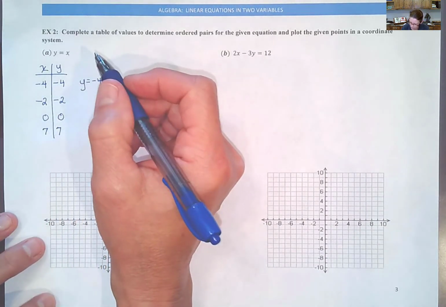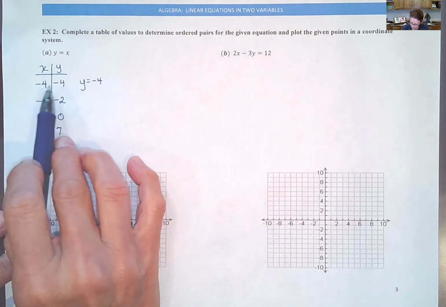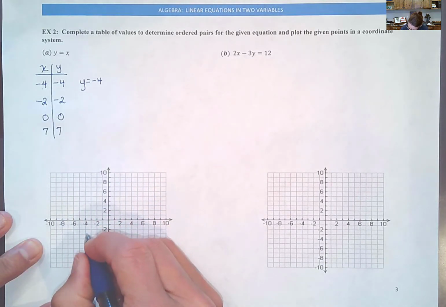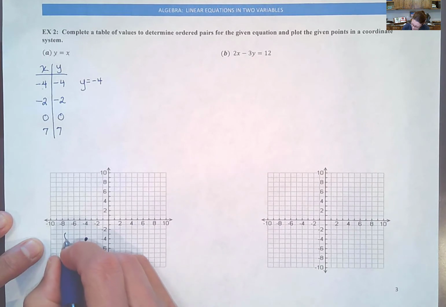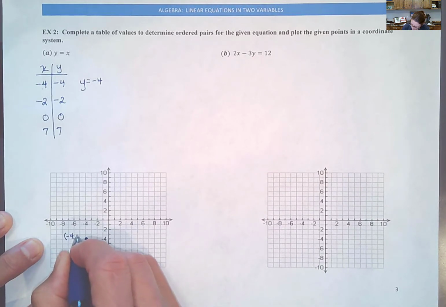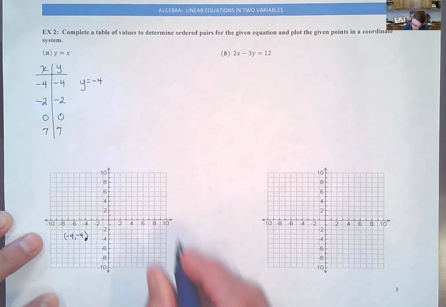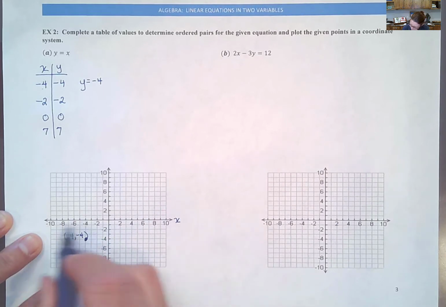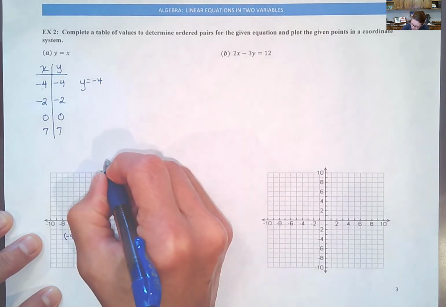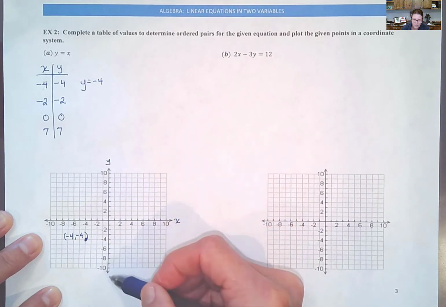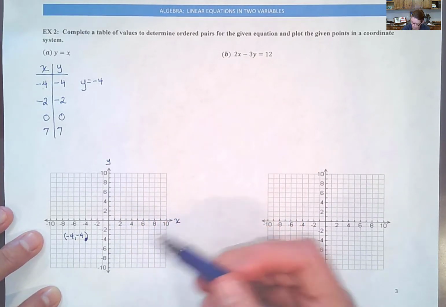Well, let's plot these ordered pairs, beginning with negative 4, negative 4. That's down here in quadrant 3, x equals negative 4, and y equals negative 4. And as we're plotting these, you're plotting your x values along the horizontal axis and your y values along the vertical axis.